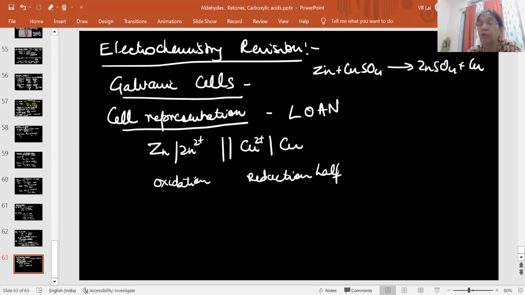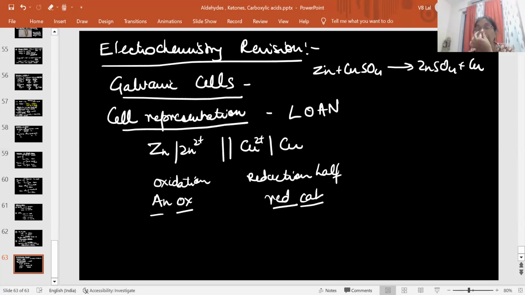I have told you a few words to remember. You should always remember "an ox and red cat." That means at cathode it is always reduction and at anode it is always oxidation.